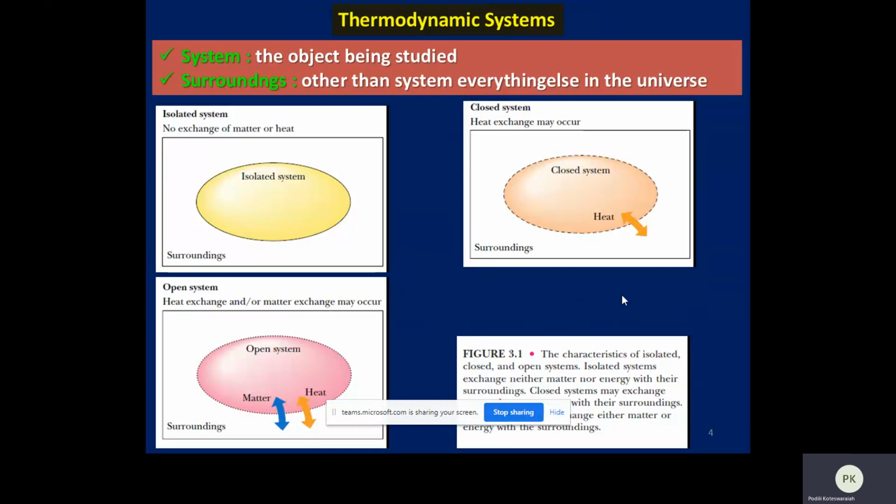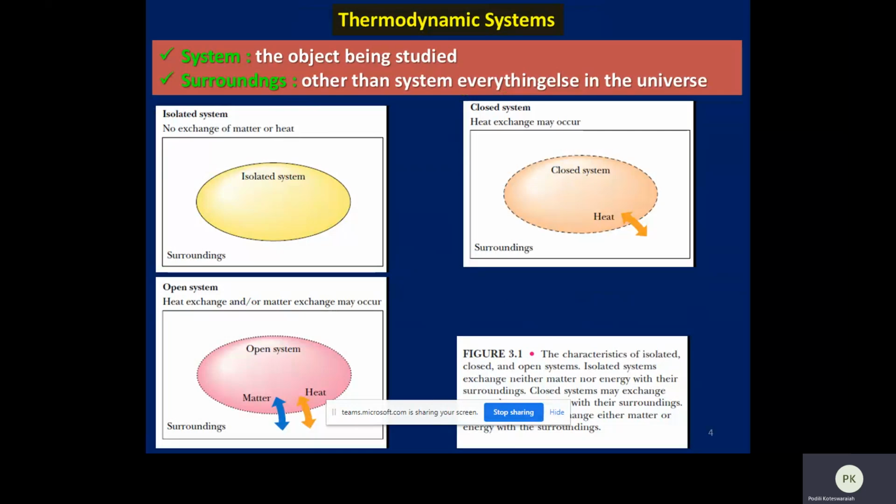And in thermodynamics, we have three systems. One is the isolated system, second is the closed system, third is the open system. Here, system means the object that is being studied, whereas surroundings means everything else in the universe. In an isolated system, there is no exchange of matter or heat between the system and the surroundings.